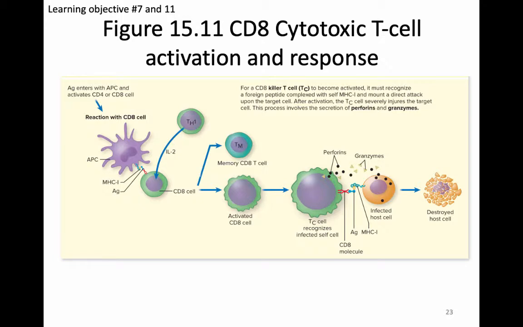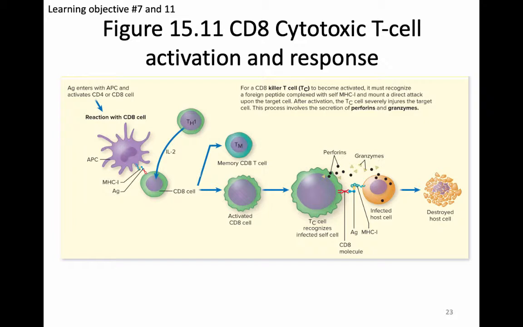The cytotoxic T cell, which expresses CD8 on its surface, also has to have antigen presented in order to recognize it. In this figure, we are dealing with an endogenous antigen. So CD4 helper T cells respond to exogenous antigen. CD8 cytotoxic T cells respond to endogenous antigen.